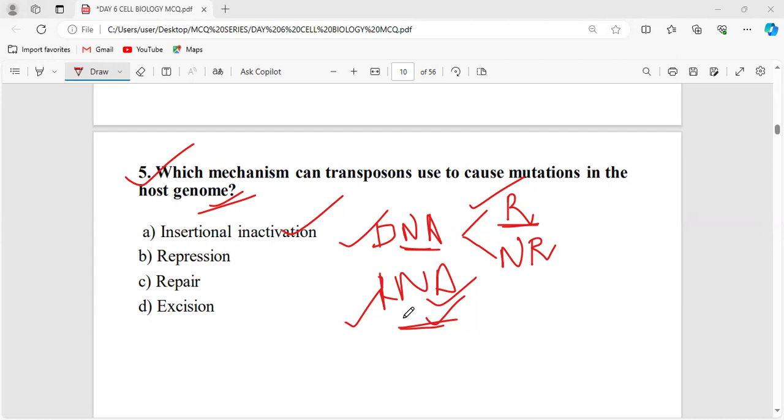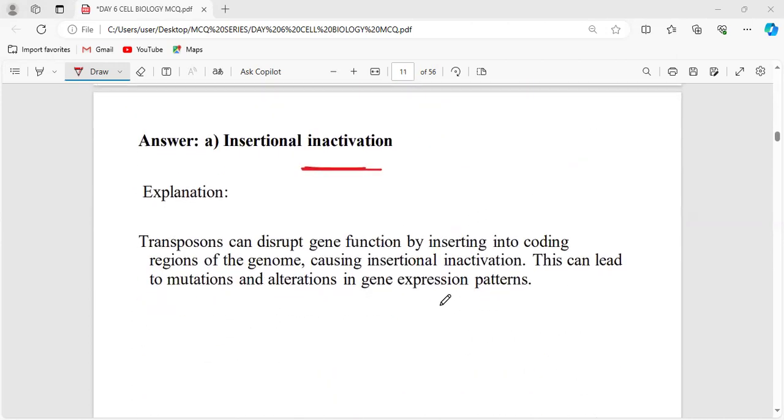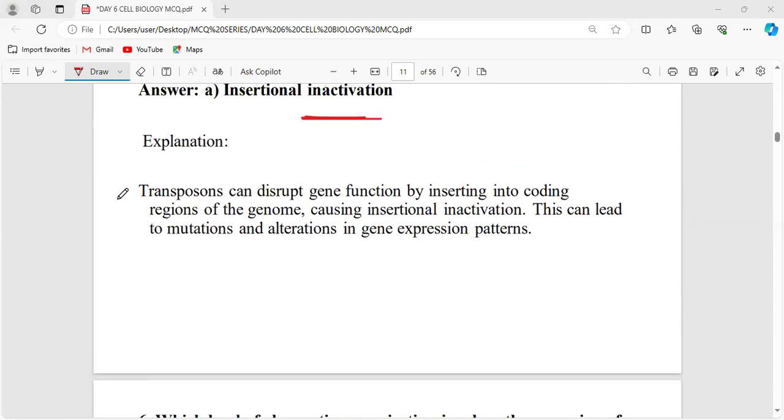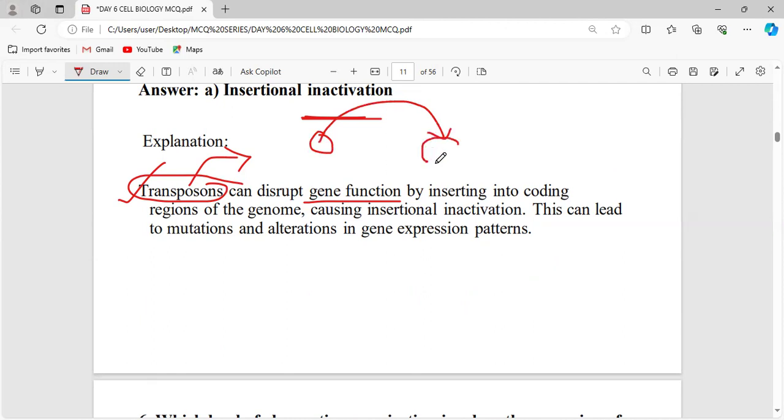Okay. Now, transposons can disrupt gene function. We call them jumping genes. Simply, some genes will jump into another area and get mingled with another gene where it is not needed.